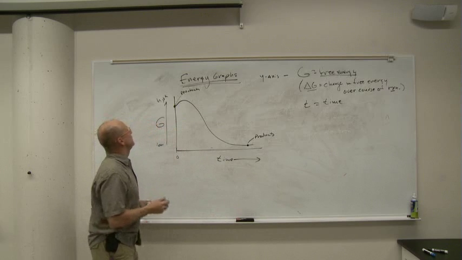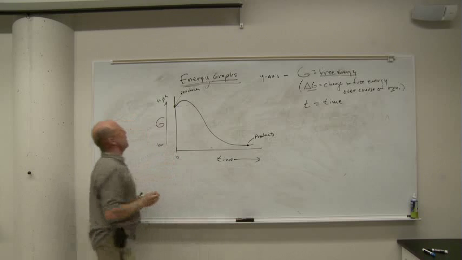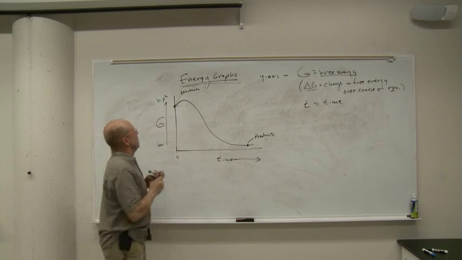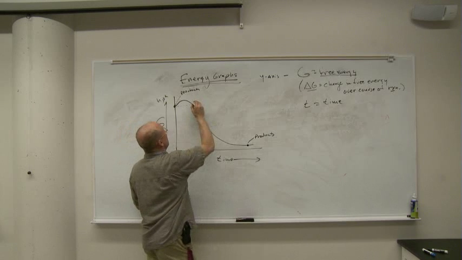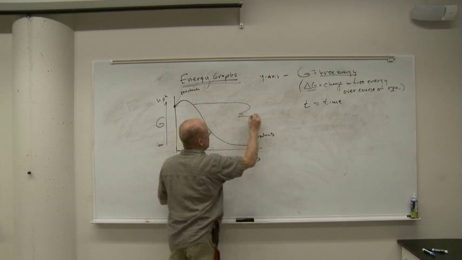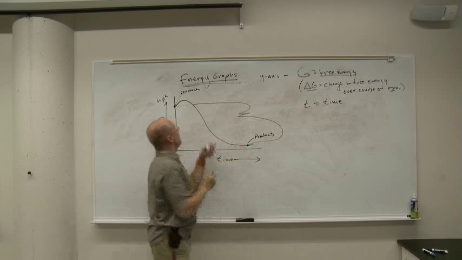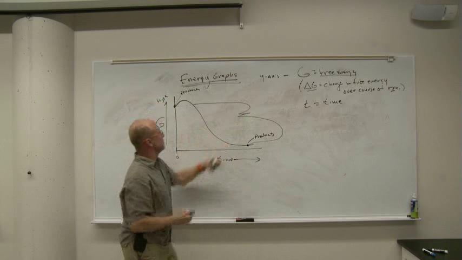So a couple of things to say about this. Let's draw a nice dotted line there. This is the energy from that dotted line to there. In this particular case, this is high, this is low.